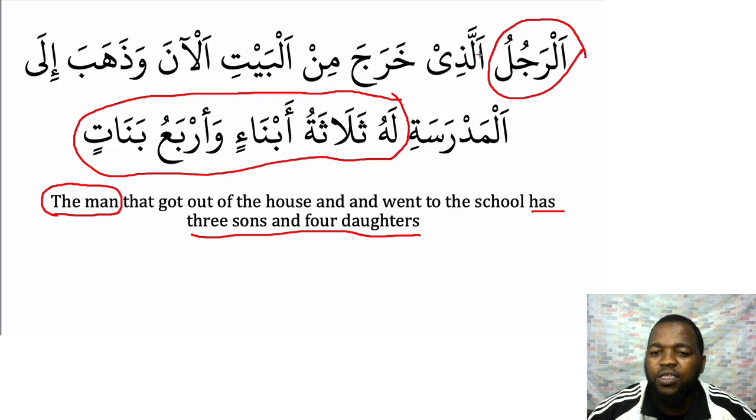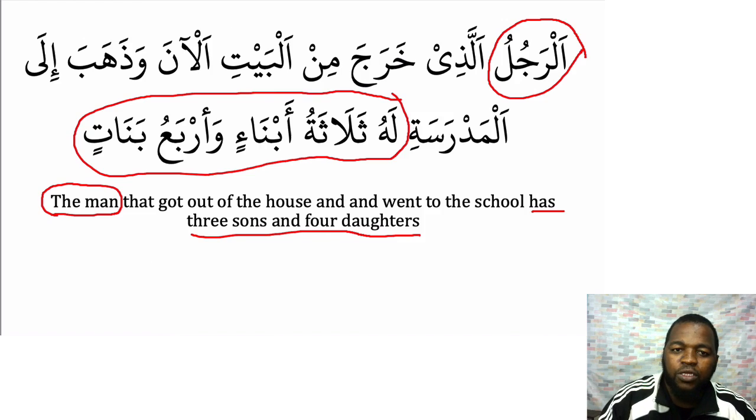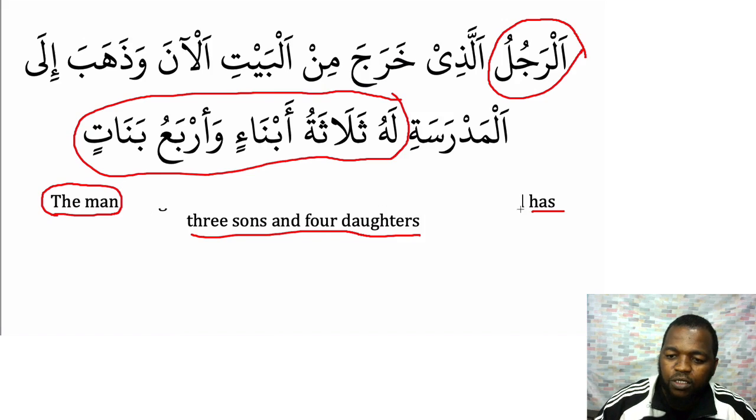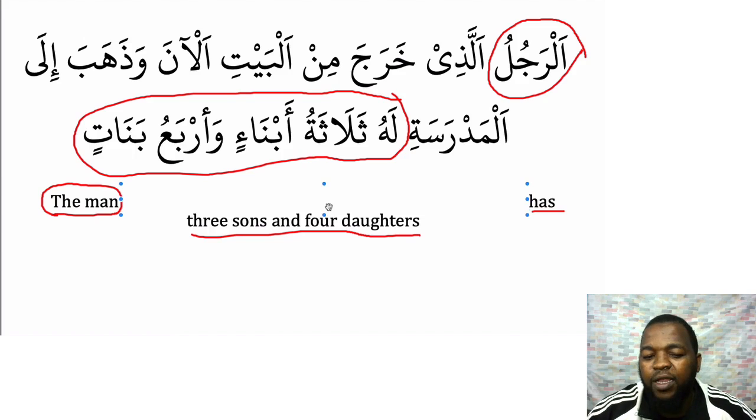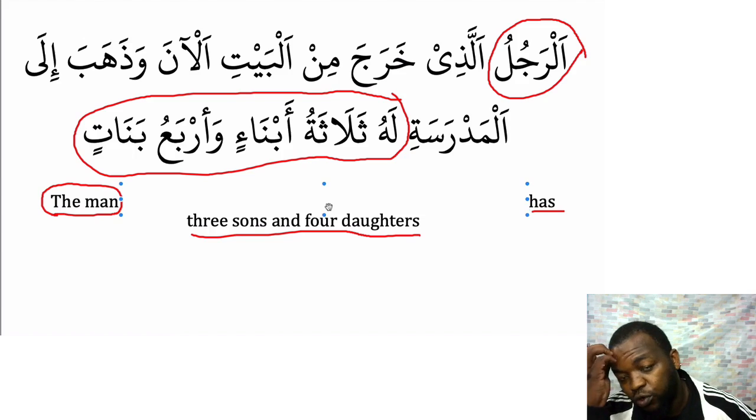Great. And what is alladhi kharaja min al-bayt al-an wa dhahaba ila al-madrasati? Well, this is a description. I can actually delete it and it will make no difference. For example, now I delete it. So we have our main sentence: the man has 3 sons and 4 daughters.